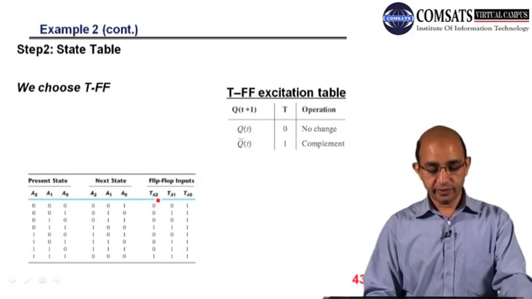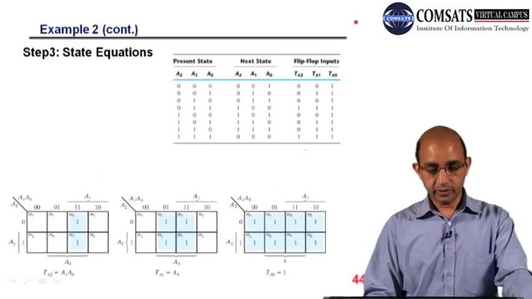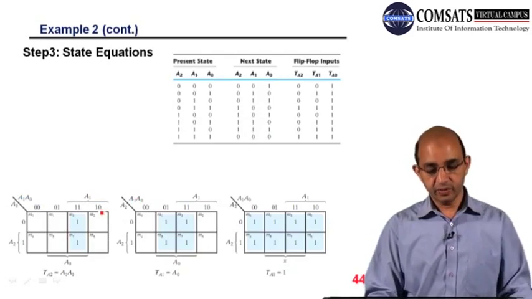If I go back, we already have the equation for the T flip-flop. We have to put the values there, and we will have the state table in order to calculate the inputs. Next we have to draw the K-map for simplification regarding the combinational logic.